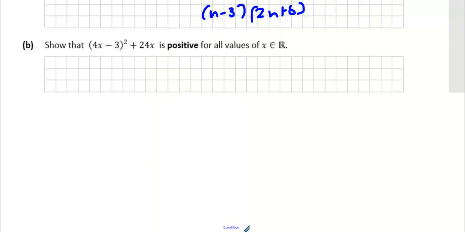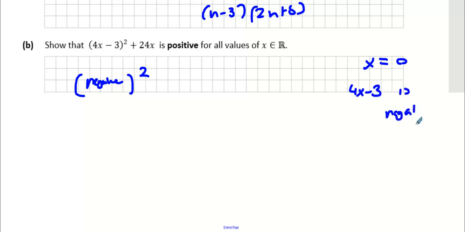Well, basically, for example, if this is a negative number, so for example if x was equal to 0, 4x minus 3 is negative. Okay, that would be negative. And a negative number squared equals a positive number.